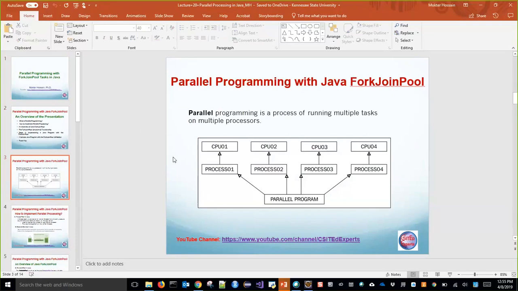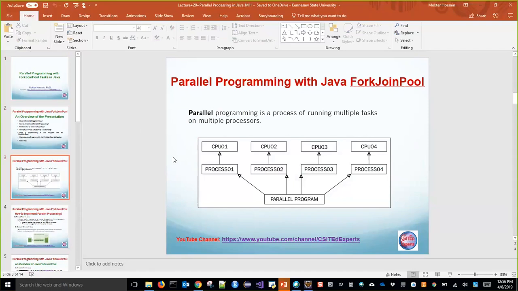You will have multiple processors, and you will have multiple tasks. A task can be a small function or method, or it can be a module with multiple methods, or it can be an individual program or application.